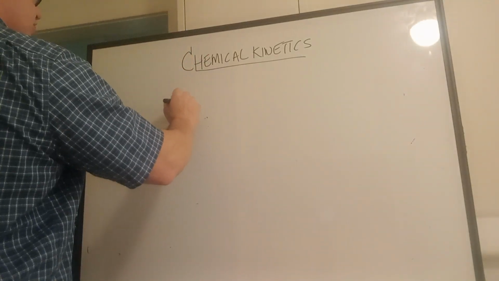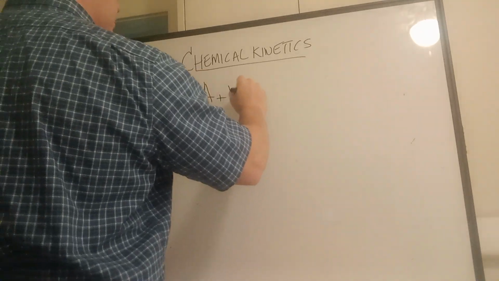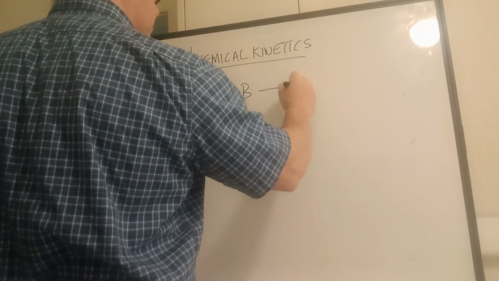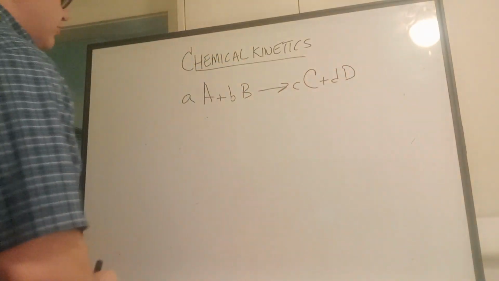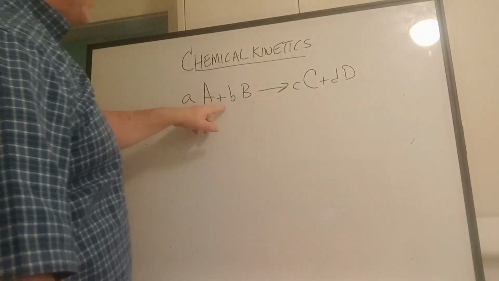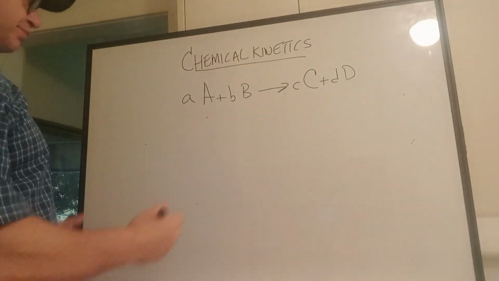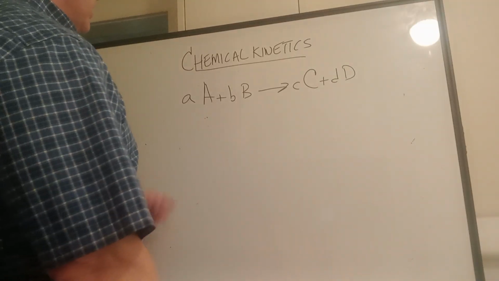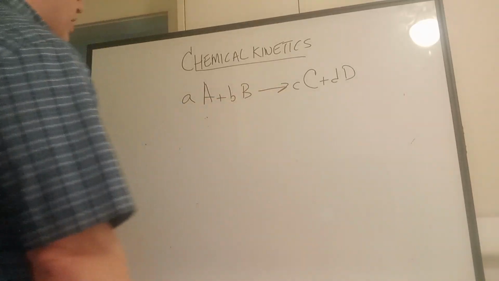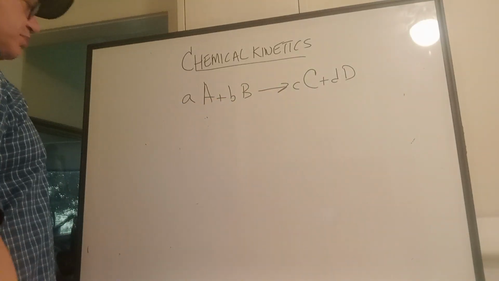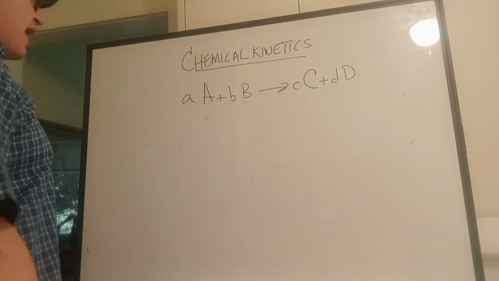We can write a generalized form of a reaction where lowercase a, b, c, and d are stoichiometric coefficients for a balanced equation, and the capital letters A, B, C, and D can represent the actual chemical species of interest, atoms, ions, molecules, what have you.